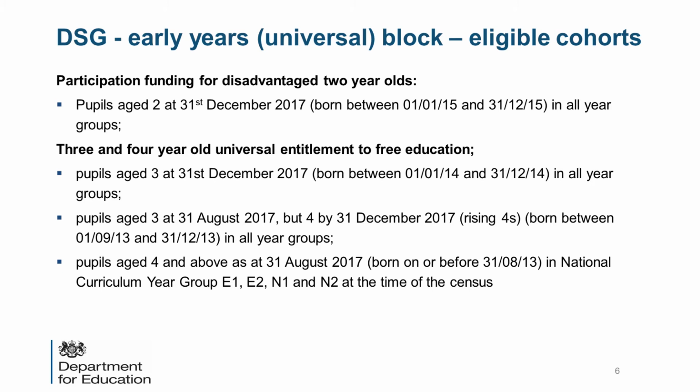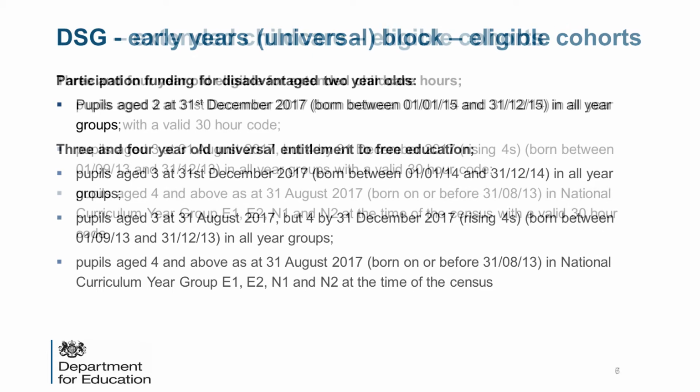With regards to the data required via the school census, funded hours are required for all children aged 3, plus those aged 4 in National Curriculum Year Groups E1, E2, N1 and N2. Extended hours are required for children within the same cohort with a valid eligibility code.